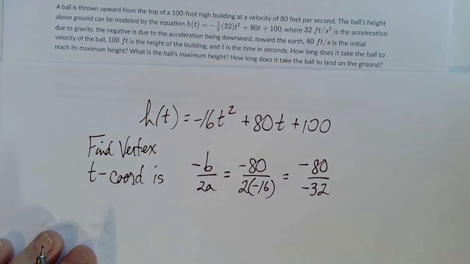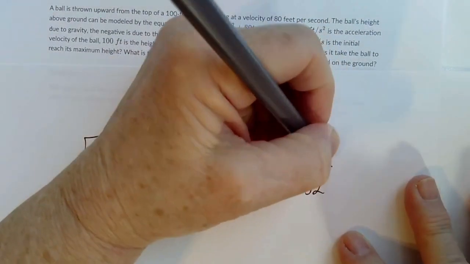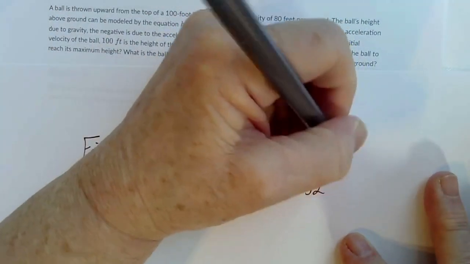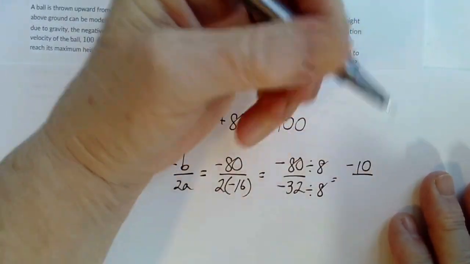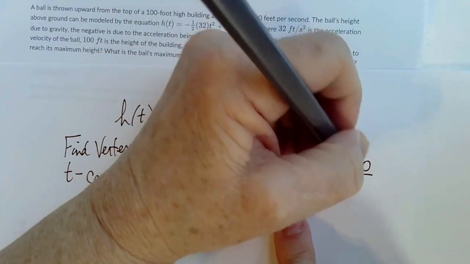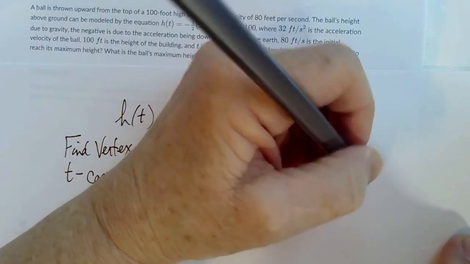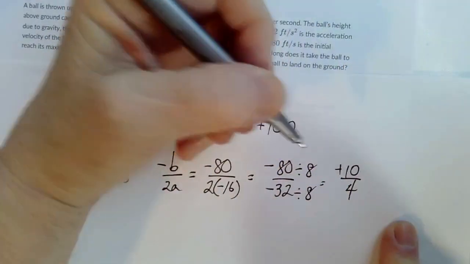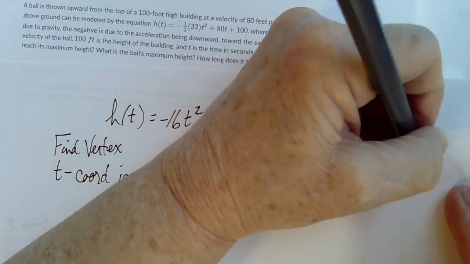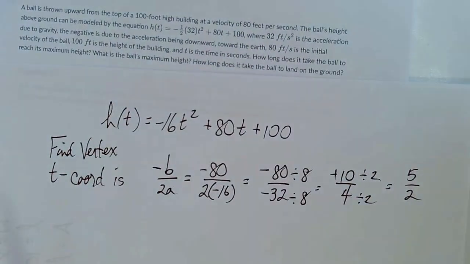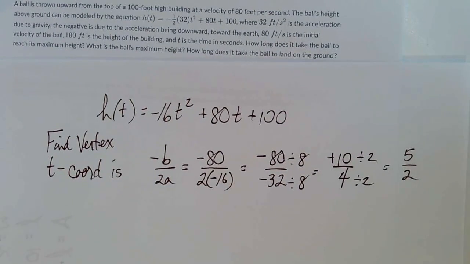And we can divide some things out here. Let's divide both by 8. That gives us -10 divided by -4, so let's also get rid of the negatives. So we can divide again by 2, and that gives us 5/2. Oh, good, that's not too bad.